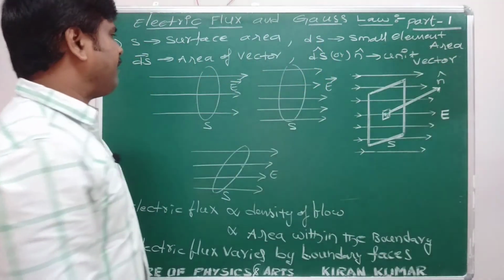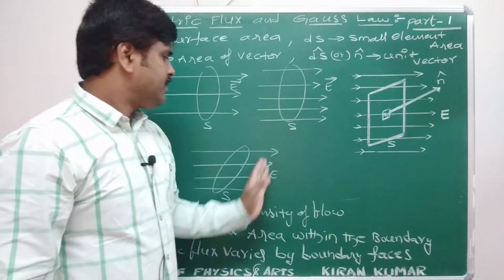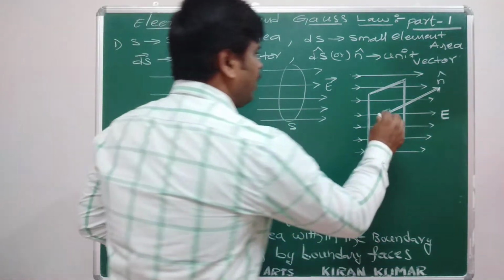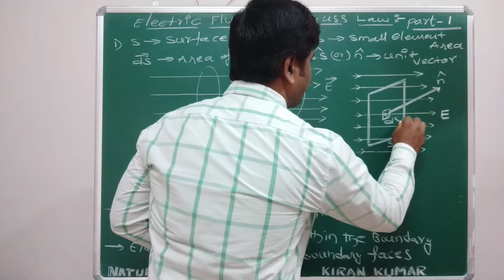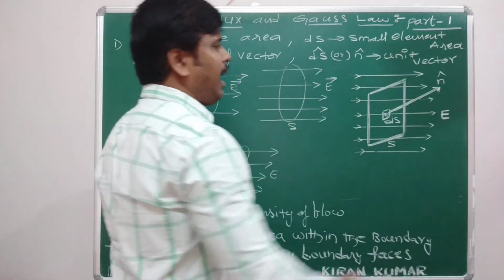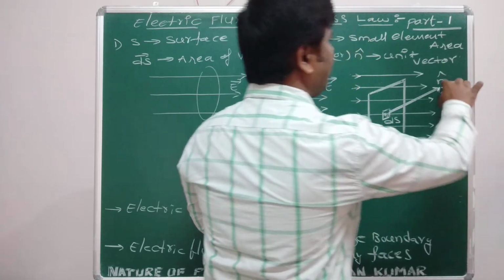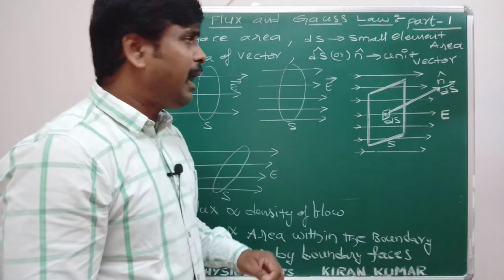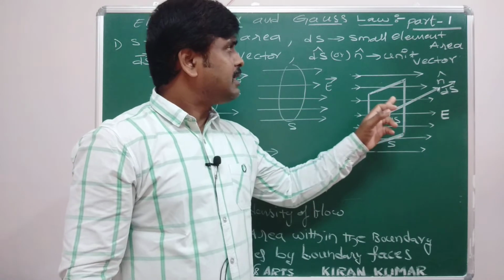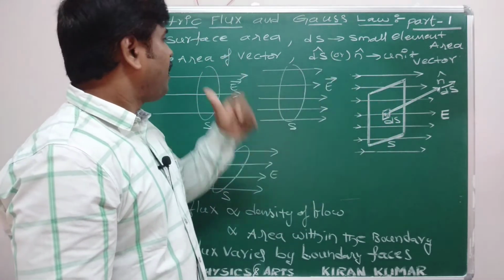These terms we will use. So S is the surface area, and here ds is the small element area, and this is ds bar. ds bar is along the direction of normal to the surface, that is the area vector.